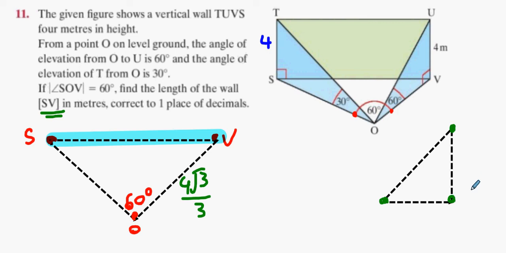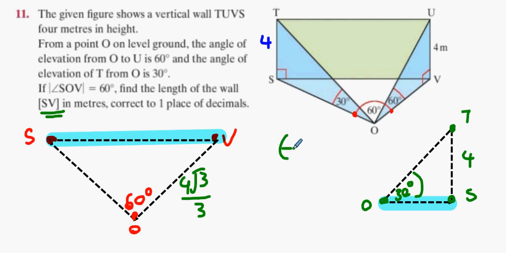So S, T and O, and we got 30 degrees here, don't we? We have a height of 4. Kevin, which side should I target? Why? Yeah, exactly. It links the information to the triangle you want to get the answer from. So what function are you going to use?